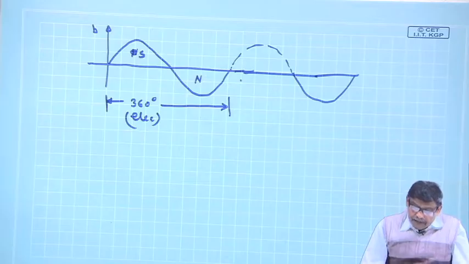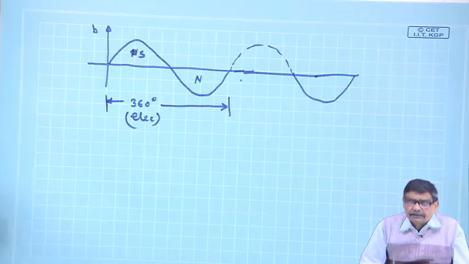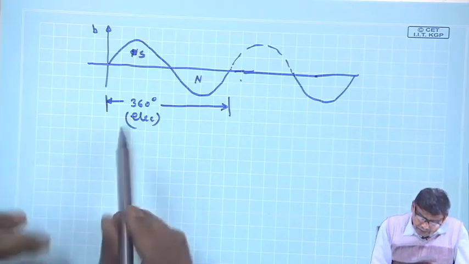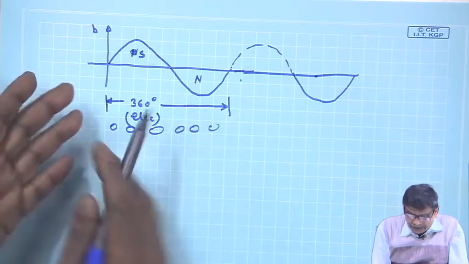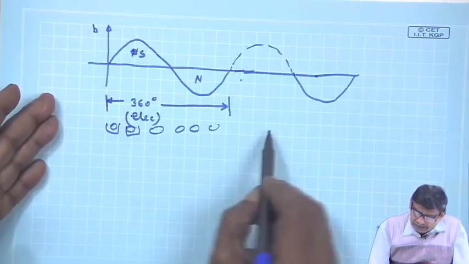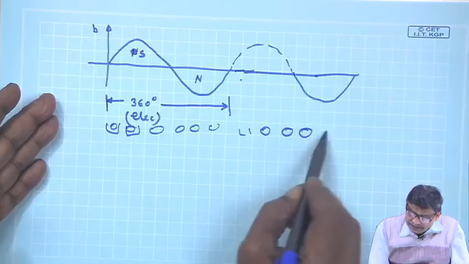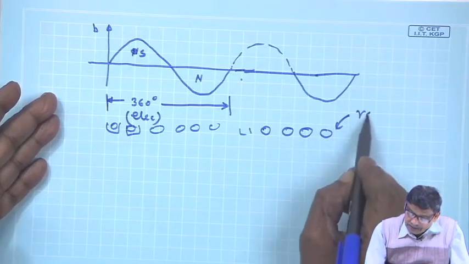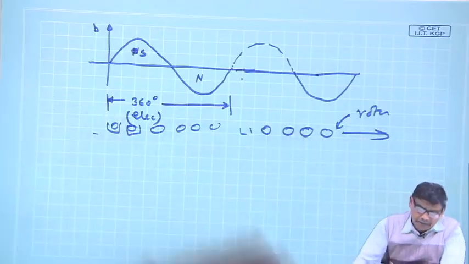Now, at any instant of time, you listen carefully, these are very easy, logical things. There will be conductors here, because now they will be distributed in slots like this, we will see. But the point I want to make is, these are rotor conductors, they are placed in slots, they are moving.